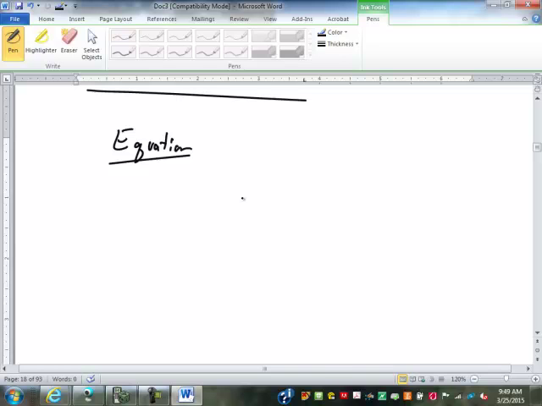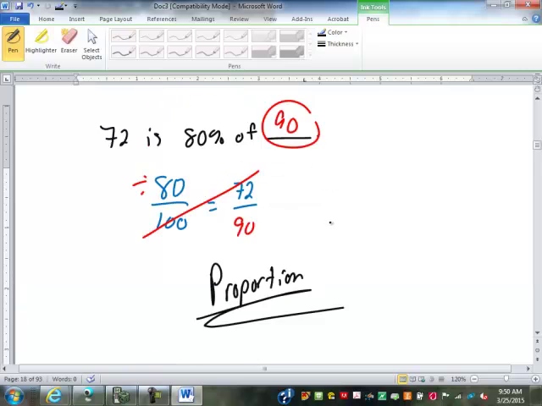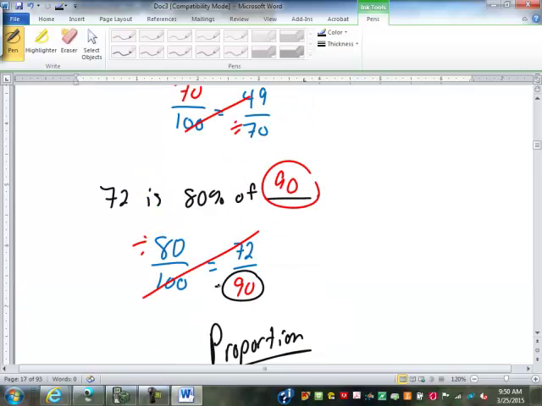In the equation or rate method, we take the whole amount times a rate to get the portion. Now, I'll be honest with you, I don't care much for this method because, first of all, it requires us to label things, the whole and the portion. We talked about this in our proportion, where the number on the bottom is the whole amount because it matches up with 100%.